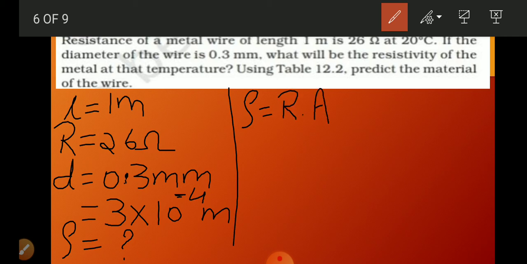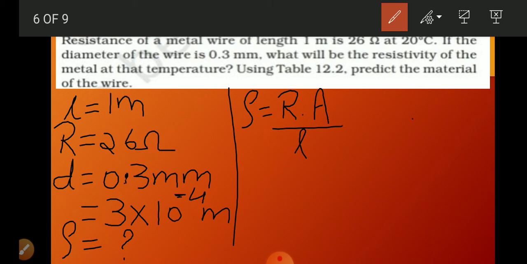So what we have to find? Resistivity, rho. We don't know the resistivity. So here the resistivity formula is rho is equal to resistance R into A divided by L. Area is not given directly, they have given diameter.